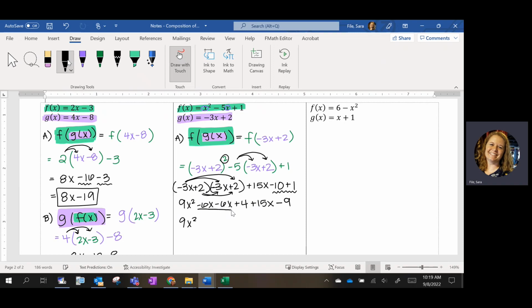What else? Is there another x term? Yeah. So I've got negative 6, that's negative 12, and positive 15. So that's actually plus 3x. Okay, what else can I combine? Yeah, the constants. I had already combined those to get negative 9, but now I've got a plus 4. So now that's just minus 5.